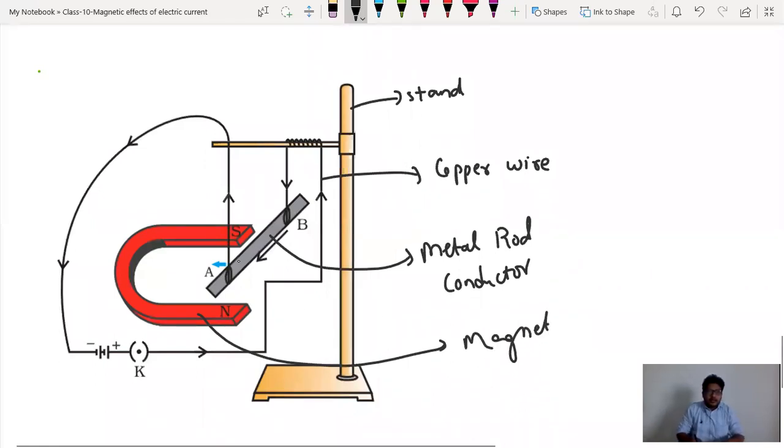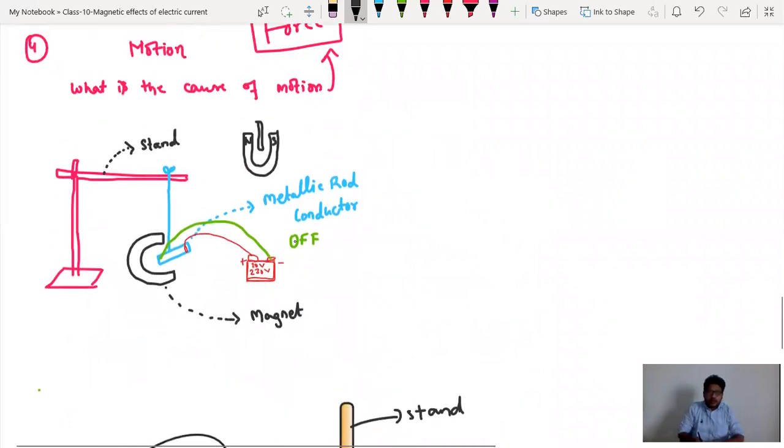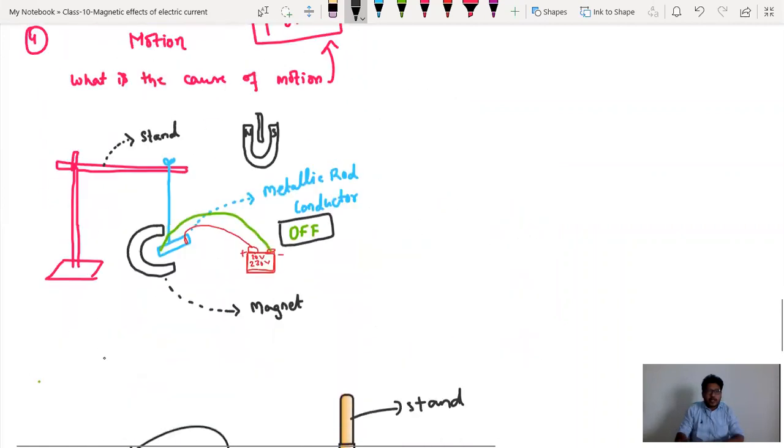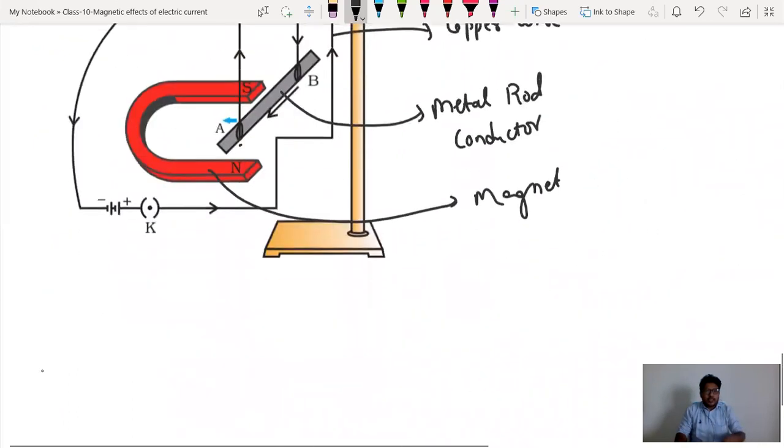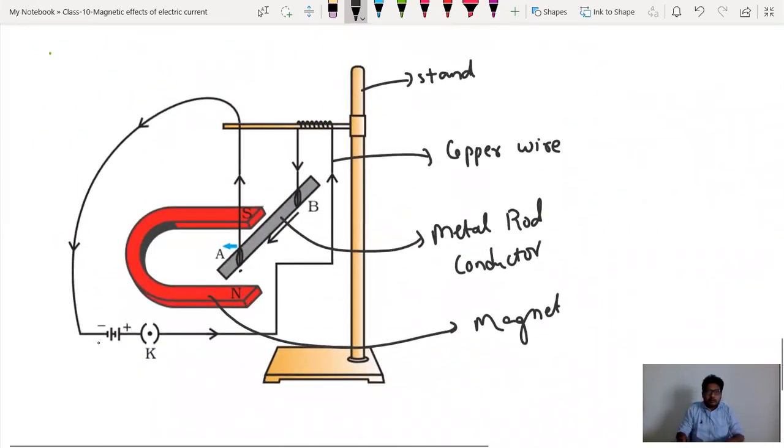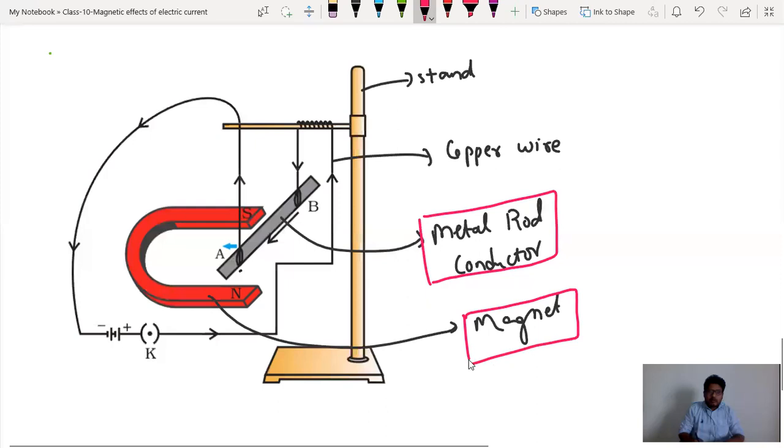Now, guys, this metal rod or conductor is placed between two poles of the magnet. We are talking about the situation when battery is off. Battery is off in the sense there is no current, guys. If there is no current, first of all, let us see. Here, the main thing we need to observe is this metal rod or conductor and magnet.